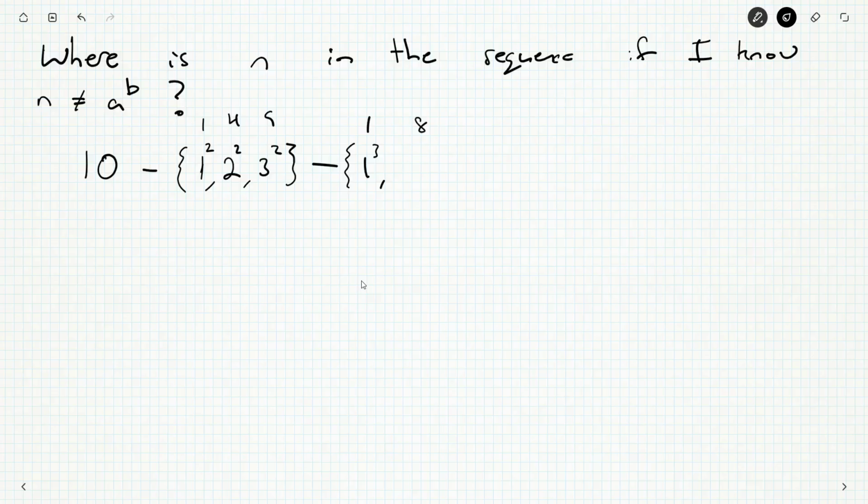We'll get rid of that 1 in a moment. 2 cubed, but nothing else. And there are no fourth powers other than 1 again. So we'd have 10 minus, let's never count any of the 1s, so 10 minus 2 minus 1. So it should be in the 7th position in our new sequence.